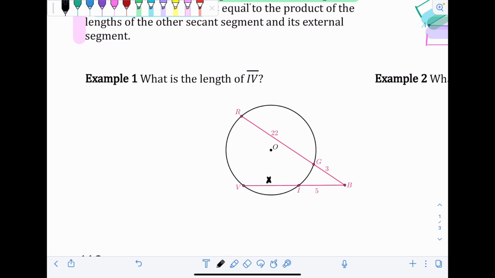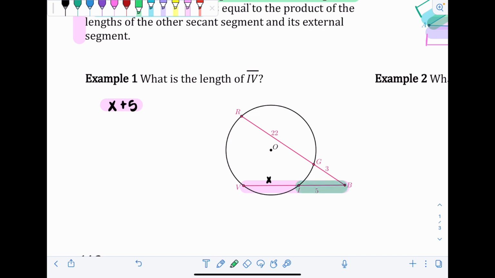So we know that with this theorem, we have to find the total length of the secant segment. For BV, it's going to be not just 5, but 5 plus X. So I'm going to do X plus 5. And then that entire segment, X plus 5, is going to get multiplied by just the external part, which is the 5.